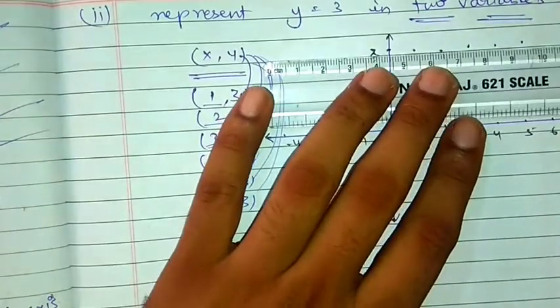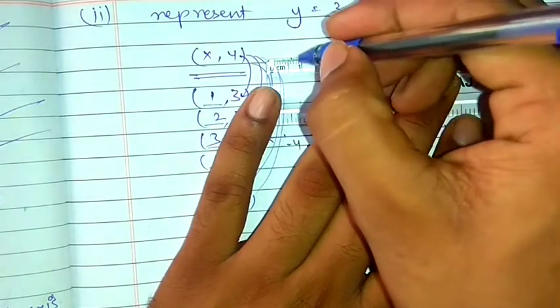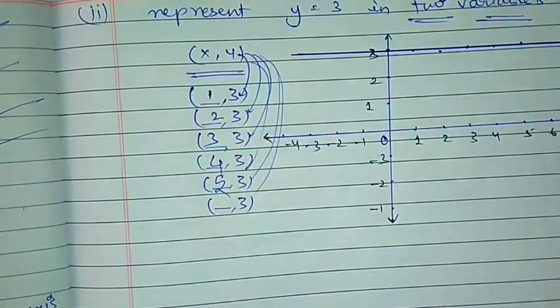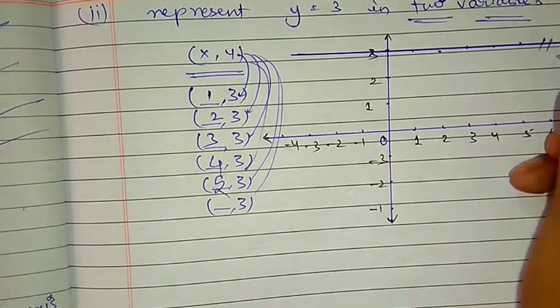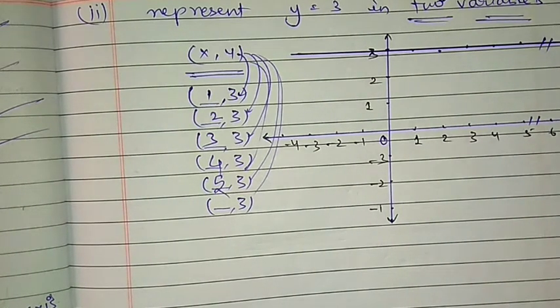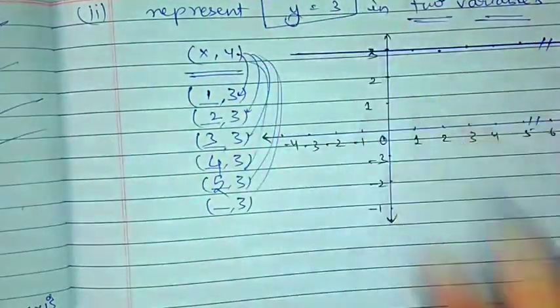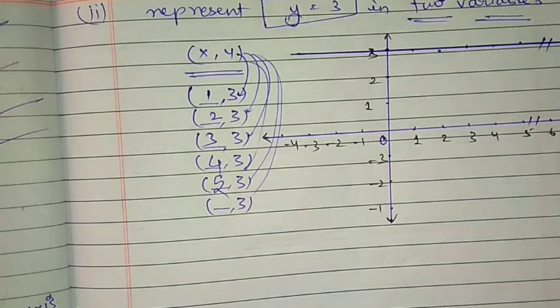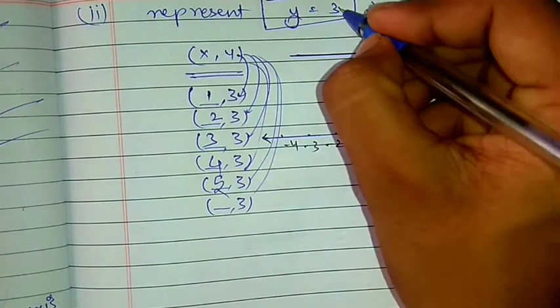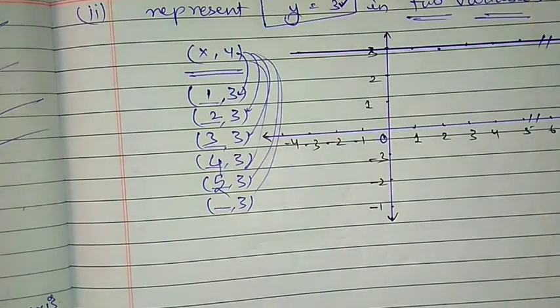And if we join all the points, we get a line which is parallel to the x-axis. We already discussed this in our previous lecture, that x is equal to 3 or y is equal to 3 is a straight line parallel to an axis, and that line is that many units of distance from the opposite axis. If this is y is equal to 3, then it is always 3 units distance from the x-axis.